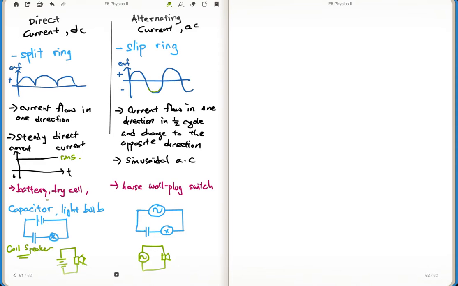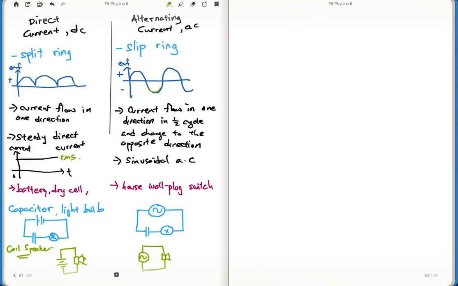The electricity you get is from the chemical effect, where the electrons flow from one side to another, and then you get your positive and negative from either terminal. The same goes with a dry cell. It's a chemical effect, an electrochemical cell. Likewise, the alternating current you get from a wall plug, a 13 amp house wall plug switch.